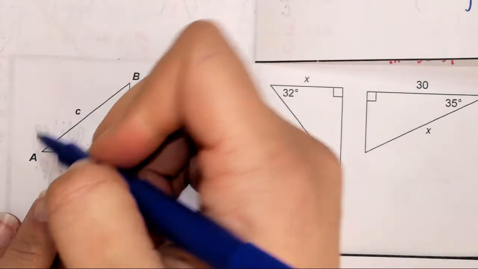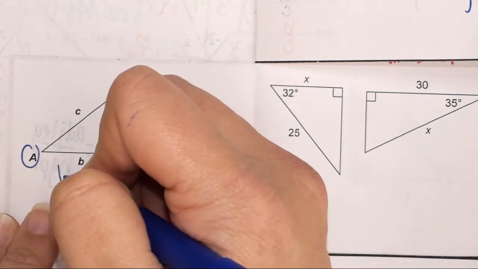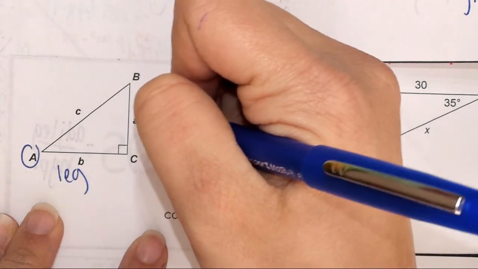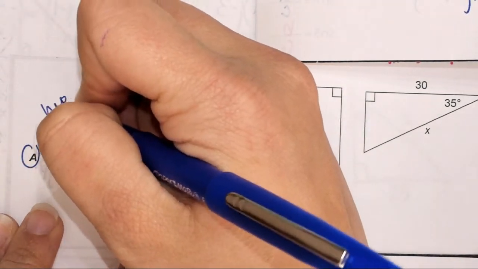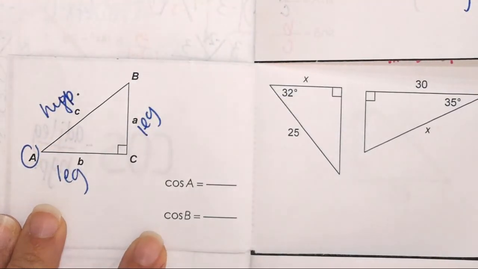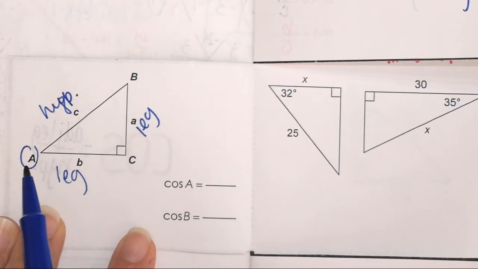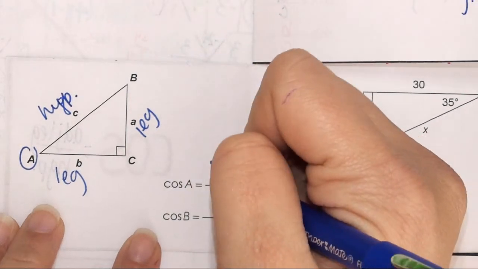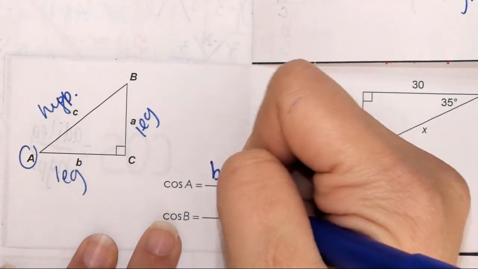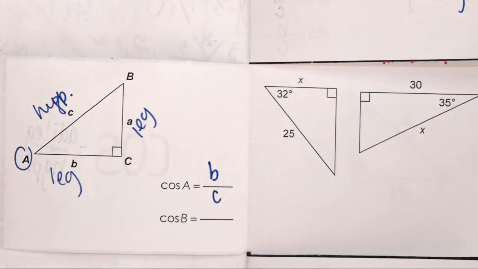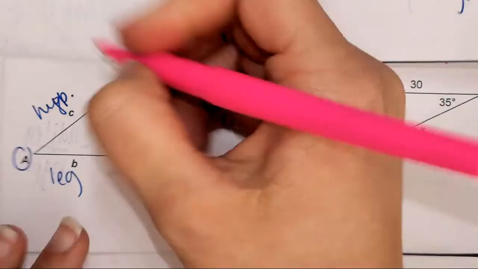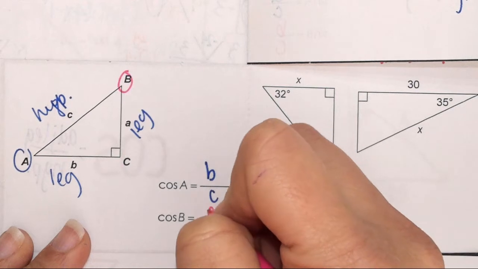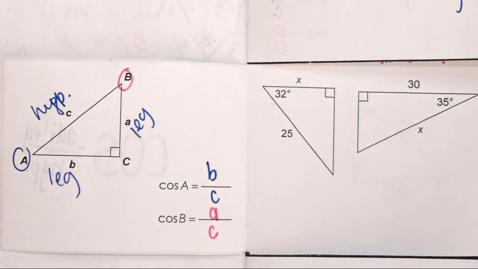Now, cosine of A is adjacent leg divided by hypotenuse. What leg is adjacent to A? It's lowercase b. The hypotenuse is C. For B, the leg adjacent is A, and the hypotenuse is C.